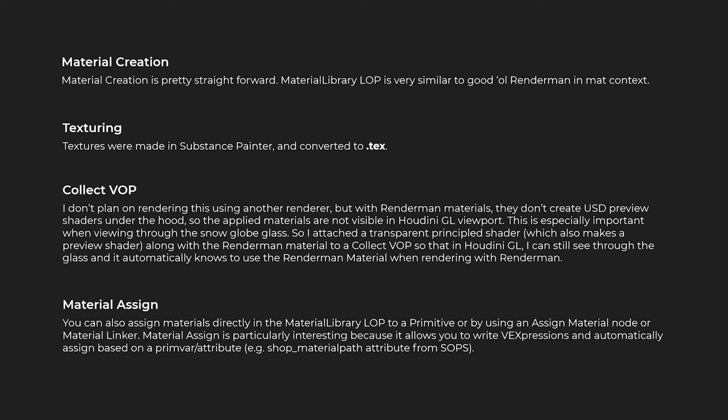If you do a SOP import, it'll automatically also make that into a primvar, and you can use that attribute to potentially assign materials with the same name in the material library LOP, which is really cool. So you don't have to assign things manually if you have 100 or 1,000 different objects that you have already prepped in OBJ context.